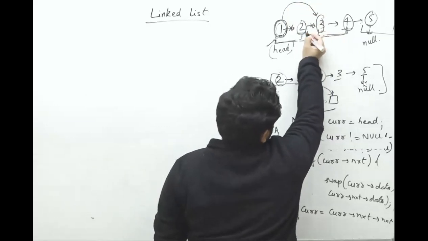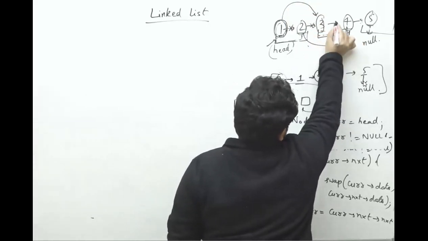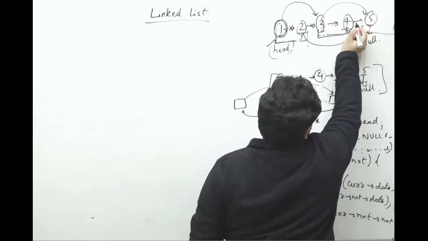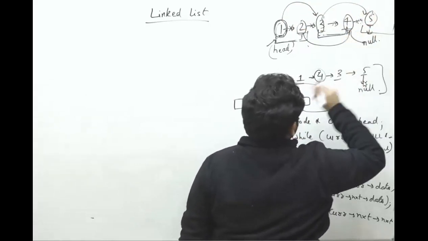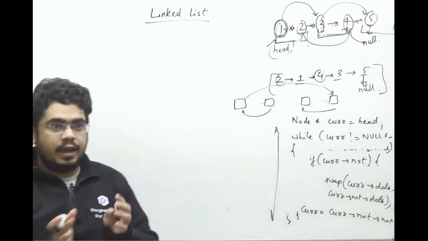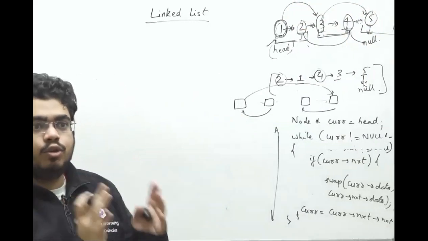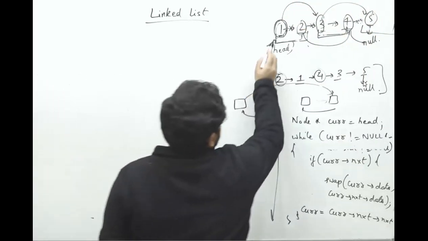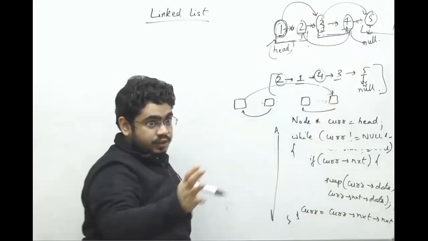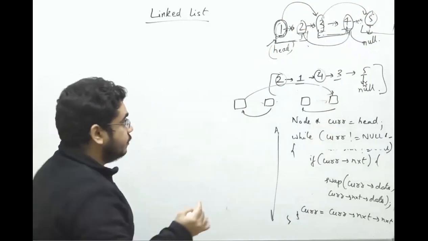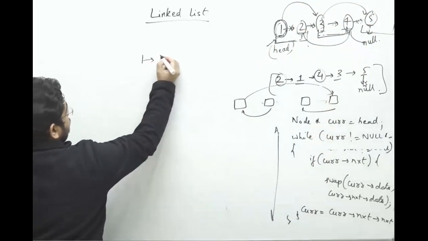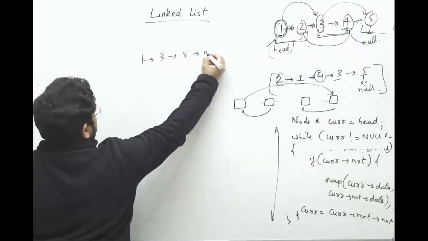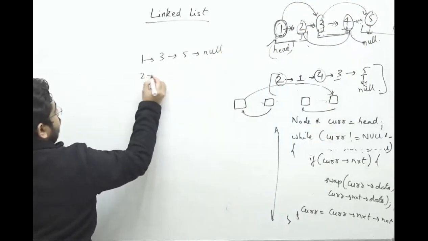I will remove this, point it to 4. I will remove this, point it to 5, and remove this, point it to null. So I have split the list into two parts, one with the odd positions, not odd numbers, odd positions, which is 1, 3, 5, null, and 2, 4, null.